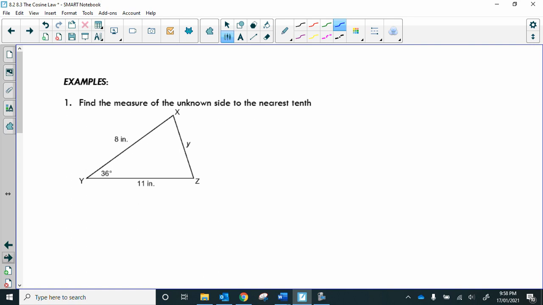So I want to solve for little y. I can see that some of this stuff isn't labeled. So across from big Z is little z, across from big X is little x. So I'm trying to find little y, which means the first thing that I'm going to write down is what I'm trying to find. So when I look back at the formula, it's y squared equals the square of the other two sides.